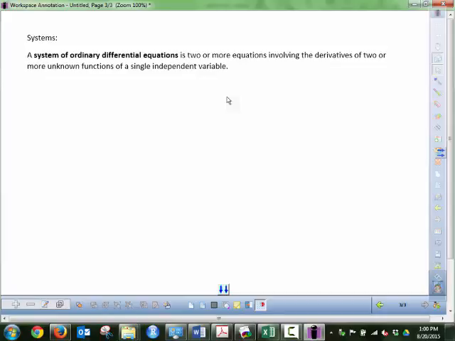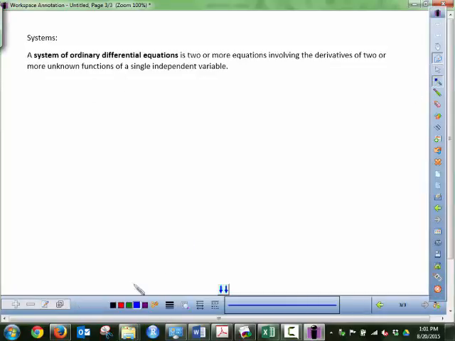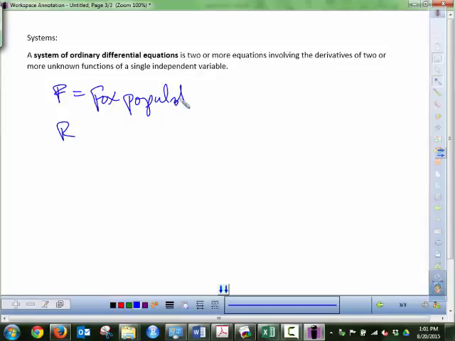A popular example of this would be the population of a couple of animals that are living together in an environment, like a predator-prey relationship. Give me an example of a predator-prey relationship in an environment. Fox and rabbits. So let's say F would be the population of foxes. And then R would be the rabbit population.